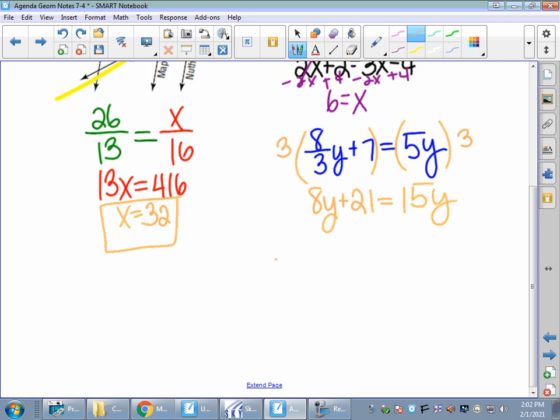Easy solve from there. So let's see, I'm just going to go ahead and subtract 8y over here. So if 21 equals 7y, that one I definitely can divide. Y is equal to 3.